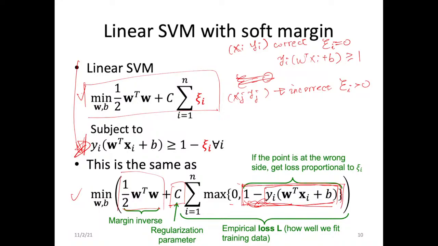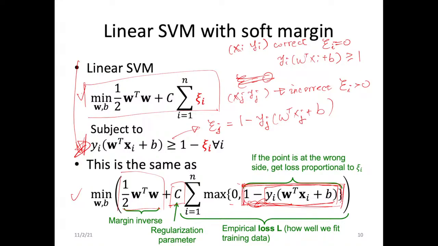Why is that? Because based on this equation here, a certain psi j would be one subtract yi w transpose xi plus b, which is this is j, which is exactly here.